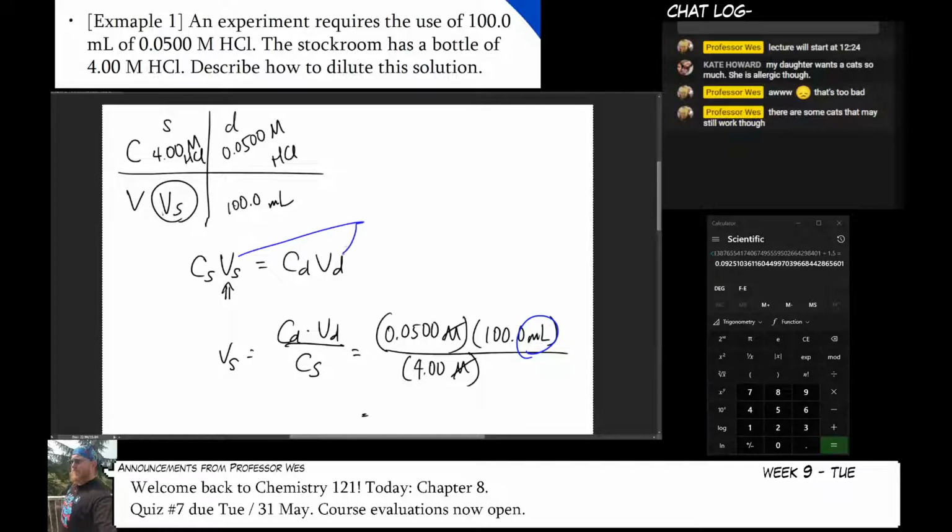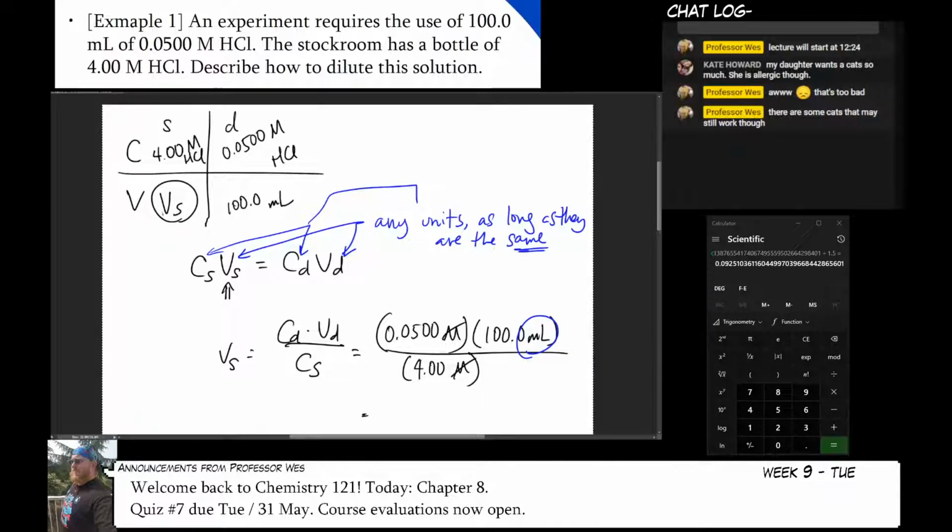So these volumes can be any units you want to, as long as they are the same. And the same is true for the concentration. You can use any concentration unit you want. So you can do mass percent, you can do mass volume percent, you can do molarity.